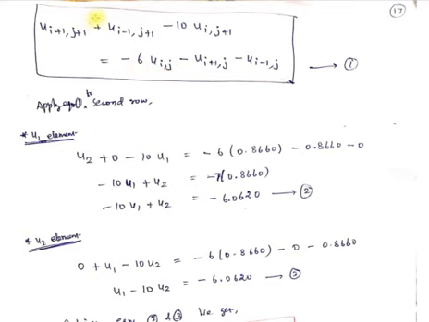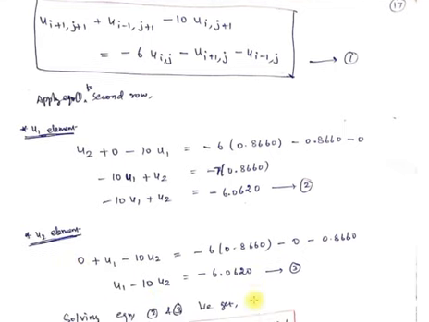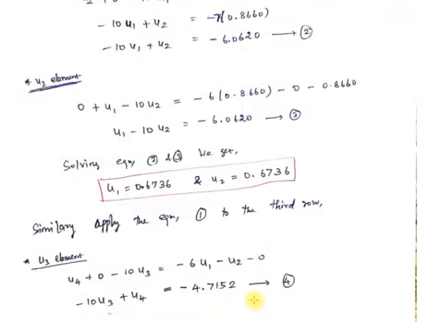The other two elements are minus. So here for u1, minus 10. The other two elements are plus. Here the value about u1 is 0.866, with minus 6 times. So we simplify this equation. For the element u2, we get these equations. Solving these two equations, we get u1 equal to 0.6736.